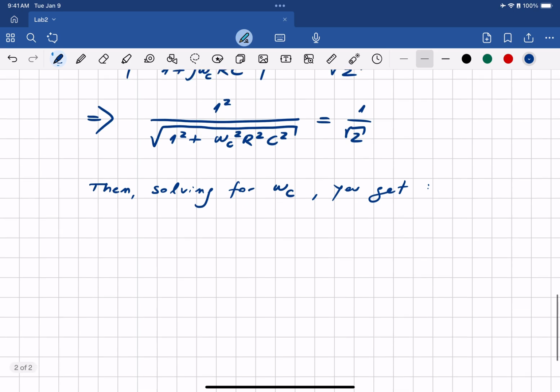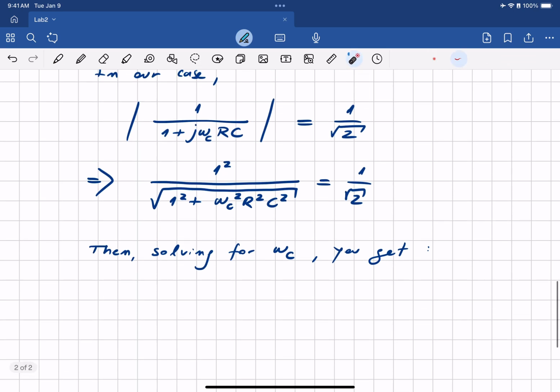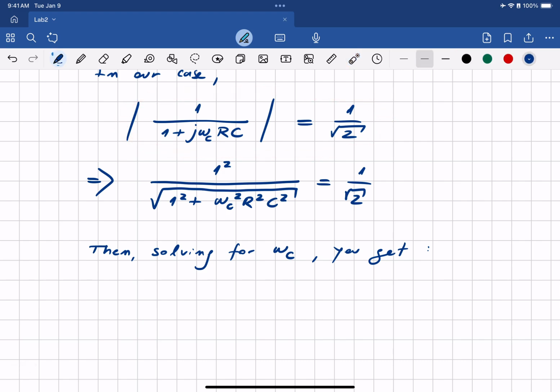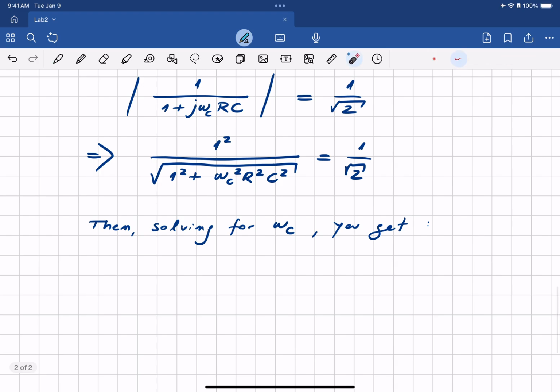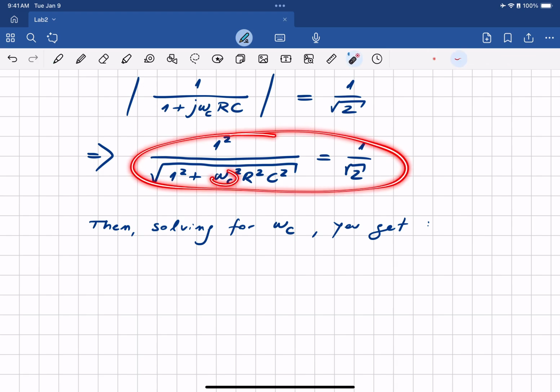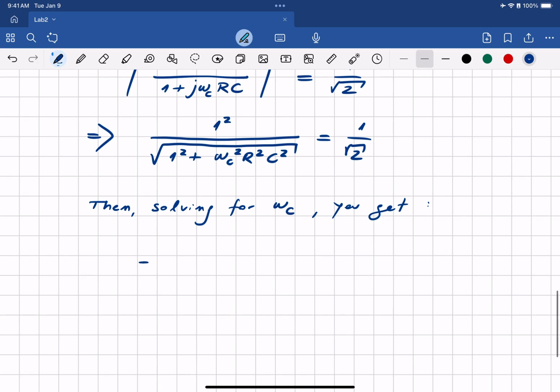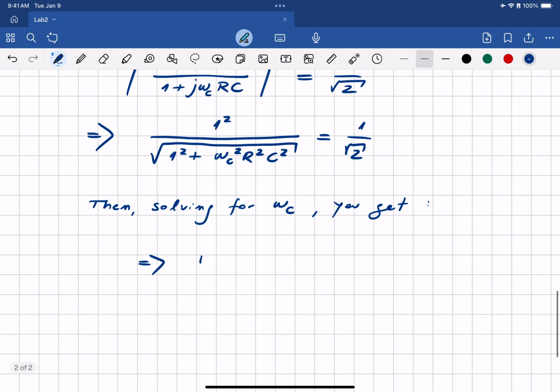Now we want to solve for the cutoff frequency that achieves this condition. So you have to solve this equation in terms of omega c. If you do that, you should get omega c equals 1 over RC.